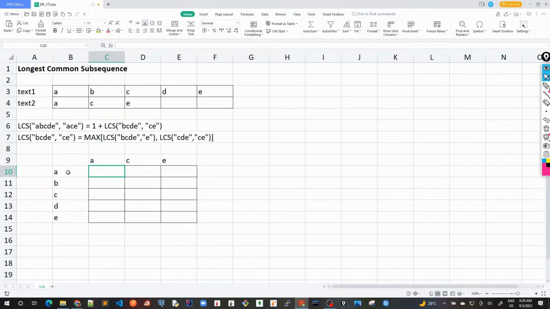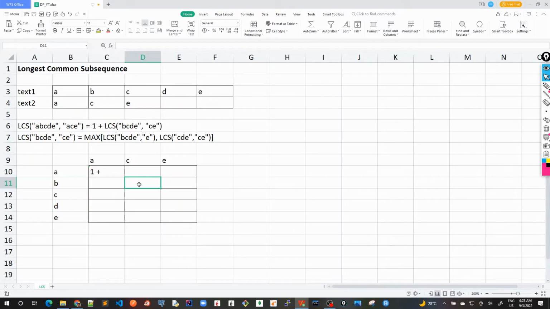Now here we found that if A and A are matching, it means that it would be 1 plus LCS of B, C, D, E and CE. So B, C, D, E and CE corresponds to this cell. So whatever LCS is here for this A, the final would be 1 plus whatever number we got in this cell.